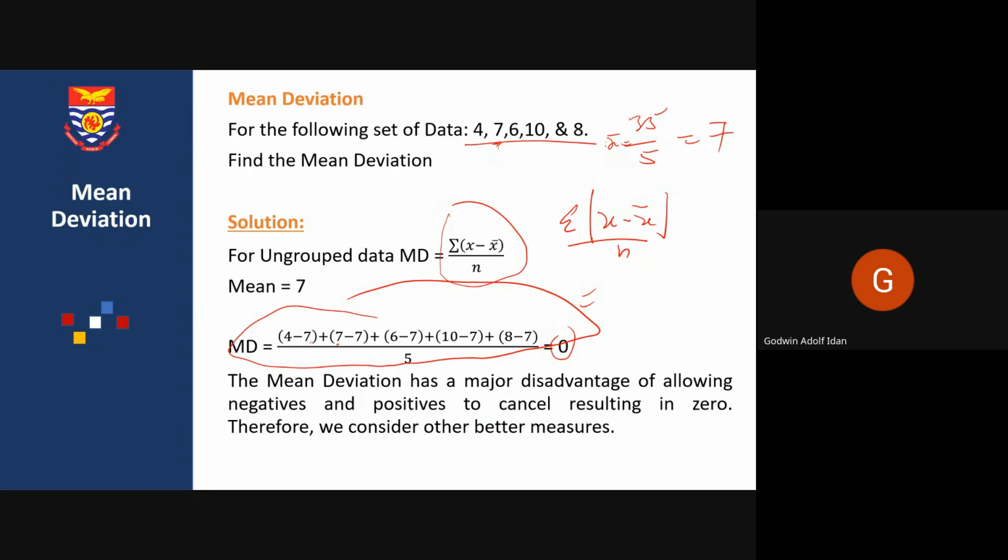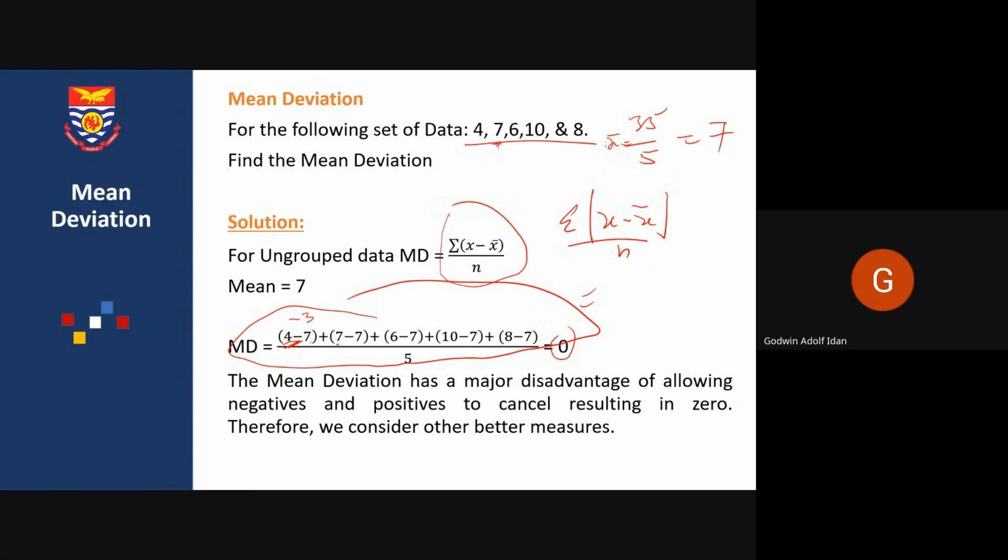So let's use the same approach to compute. The absolute value here simply means that, for example, when you do 4 minus 7, the answer is negative 3. But when you are considering the mean absolute deviation, the negative will be considered as positive. So it is the same thing, but now we are writing it in block terms.